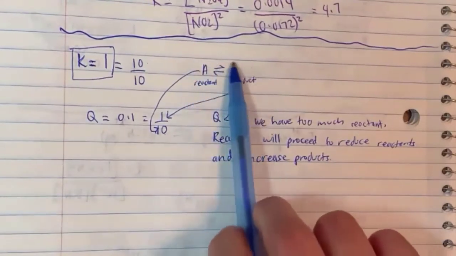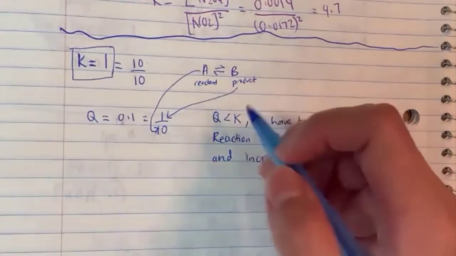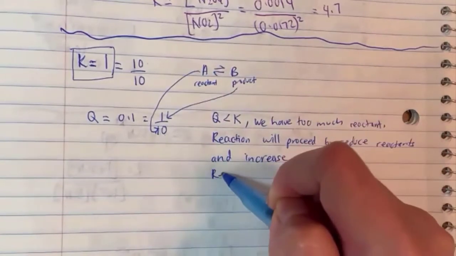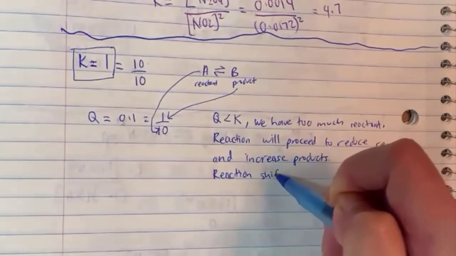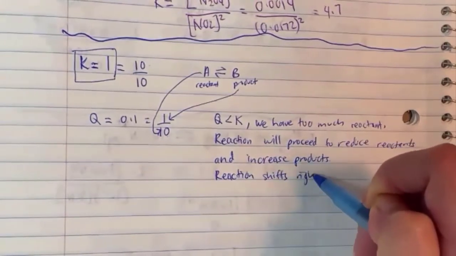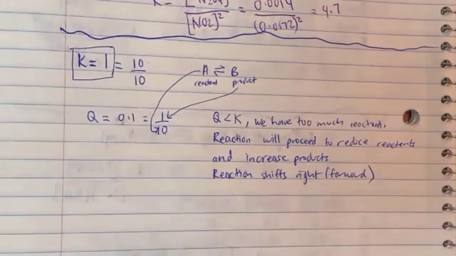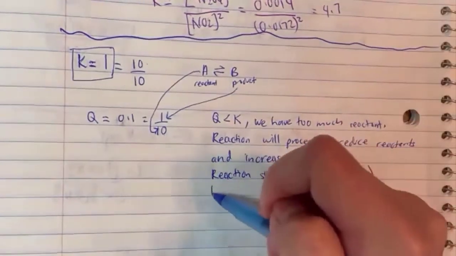Use some of A to make some of B to try to equalize things. So since it's going towards the right side, I can say the reaction shifts right. So this is in the forward direction, or the reaction moves towards the product side. We can say towards products.